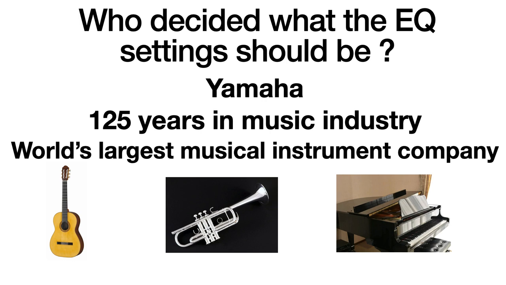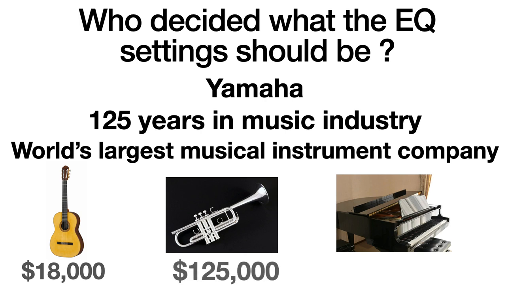So if you want to go out and buy a really nice Yamaha guitar, you better bring $18,000. If you want to go play in the band and you want to go buy a really, really nice Yamaha trumpet, guess what? You need $125,000 to buy the state-of-the-art Yamaha trumpet. How about a piano? You've decided you'd like to have a grand piano sitting in your living room?